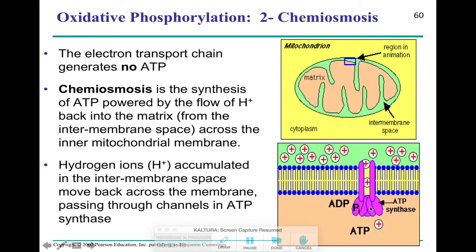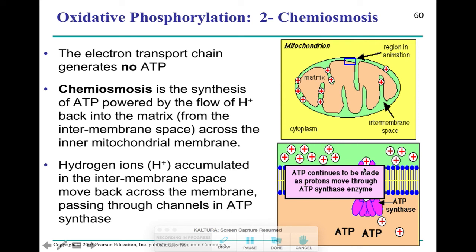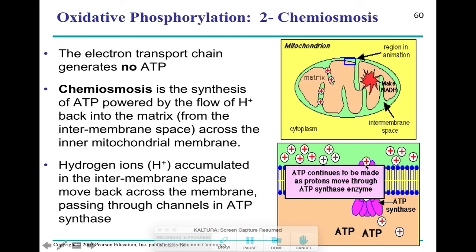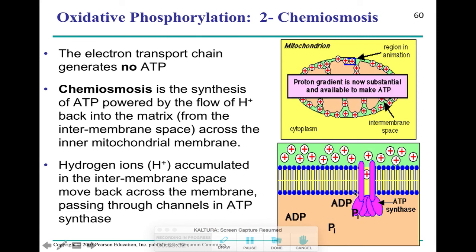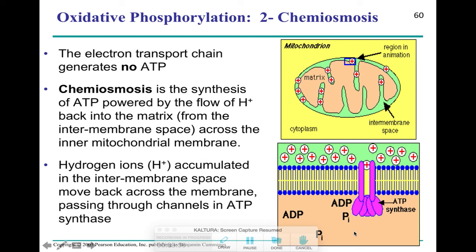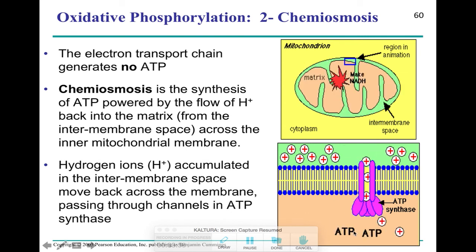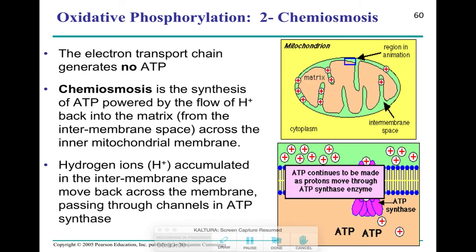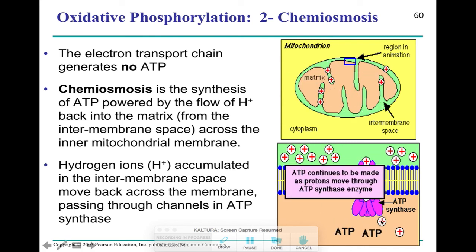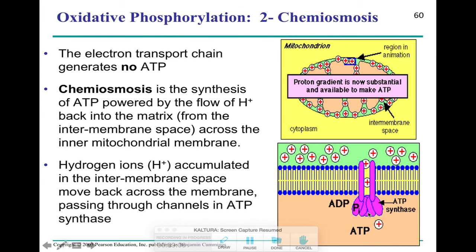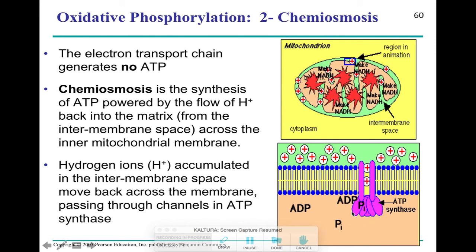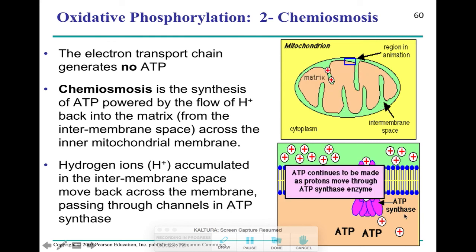These nice molecules are called ATP synthase. As you can see in the inner membrane of the mitochondria, there are many ATP synthases. What they do is they provide a channel for hydrogen ions to pass through back into mitochondrial matrix. And when they pass through, they're going to rotate this part of the ATP synthase, which is going to join ADP with phosphate and make ATP.